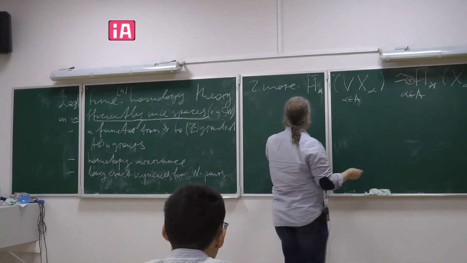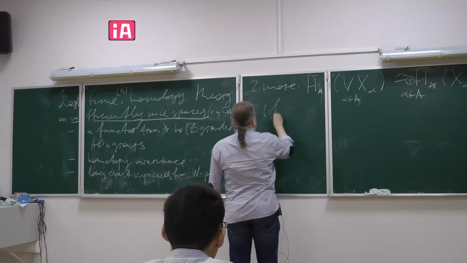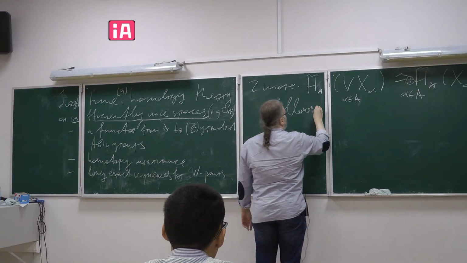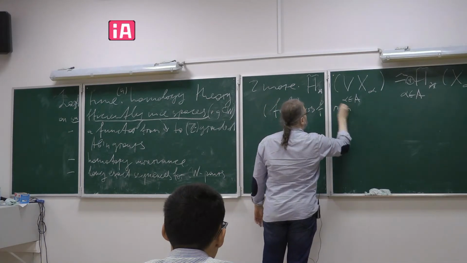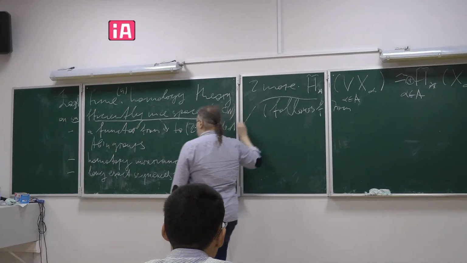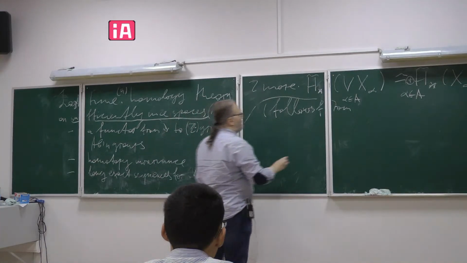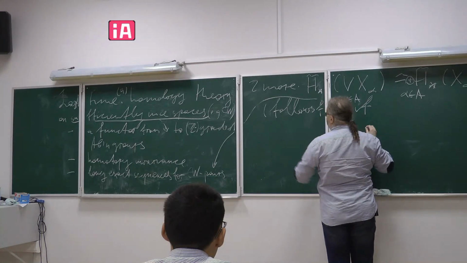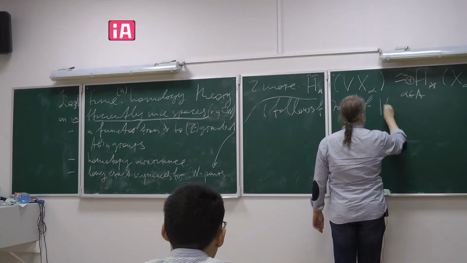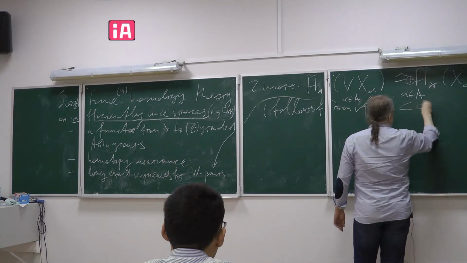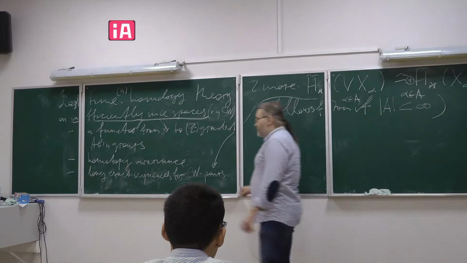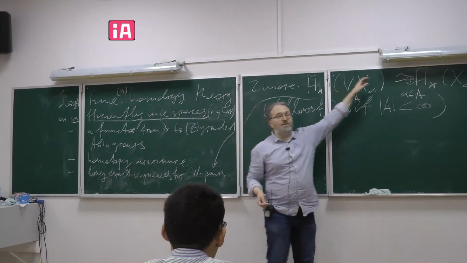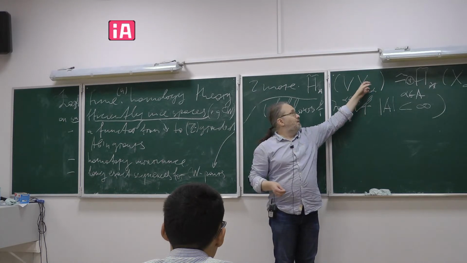So this property follows from this one if A has finitely many elements. Now let's look at this formula and see whether we understand what it says.